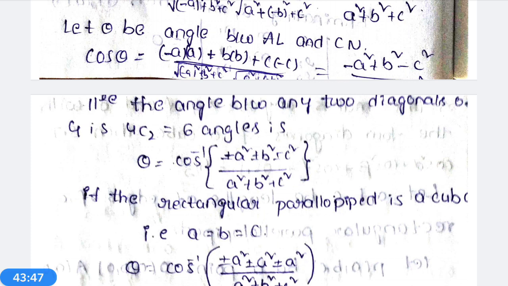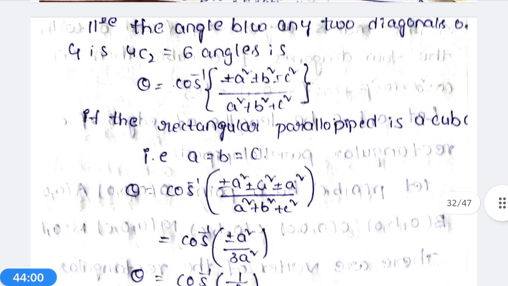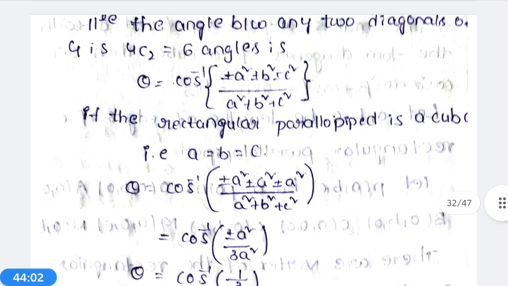Similarly, the angle between any 2 diagonals, among the 4C2 that is 6 angles, is theta is equal to cos inverse of plus or minus a square plus or minus b square plus or minus c square by a square plus b square plus c square.